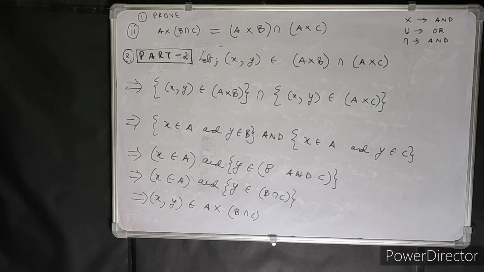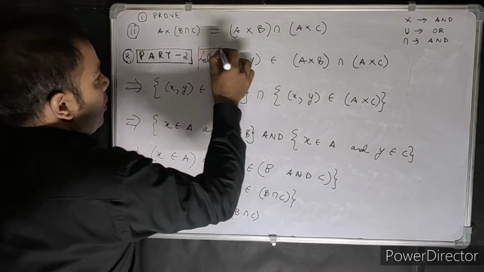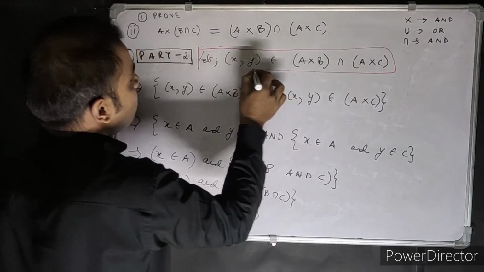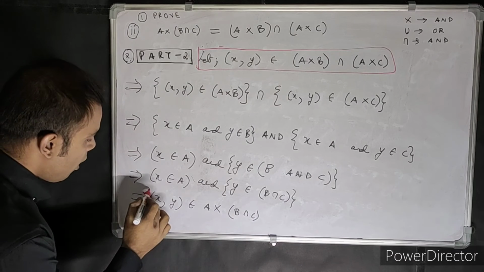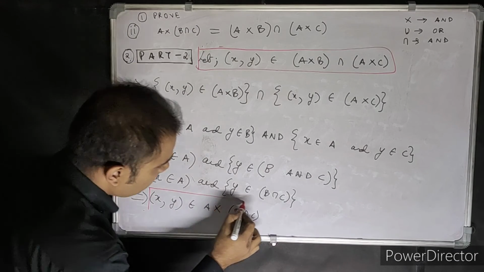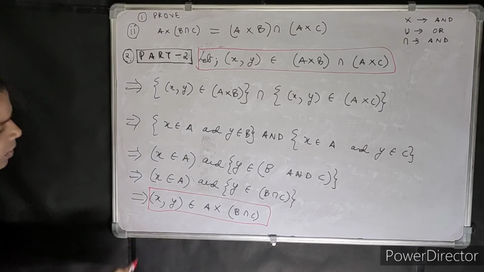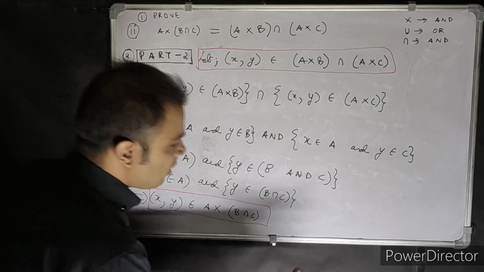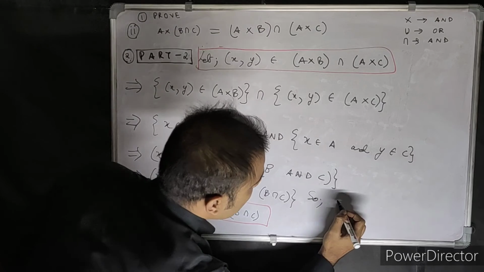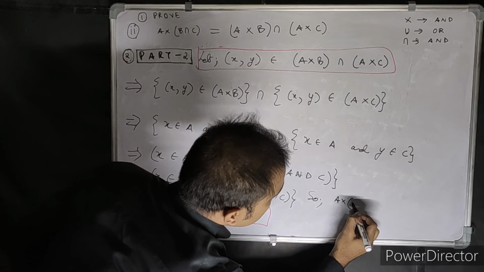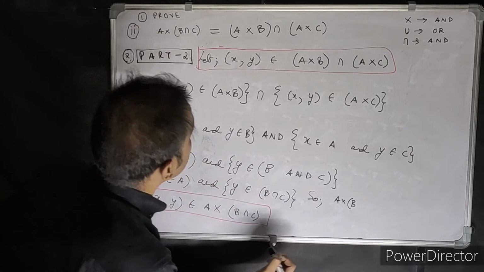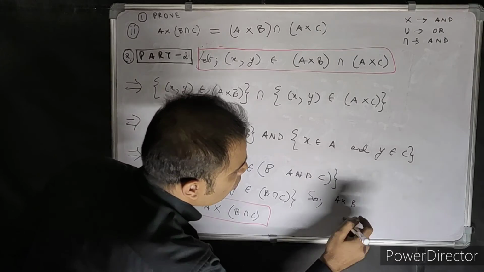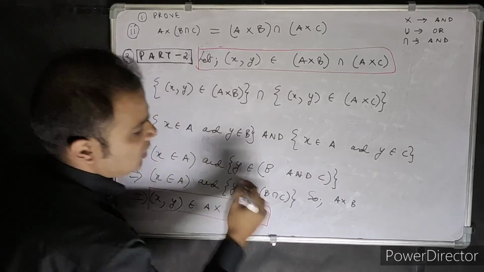Now from these two parts, from this part and from this part, what can we say? We have to write one more step. We have started from where? We start from there.